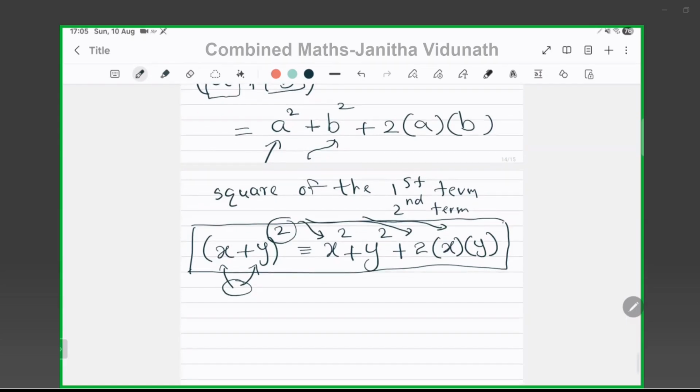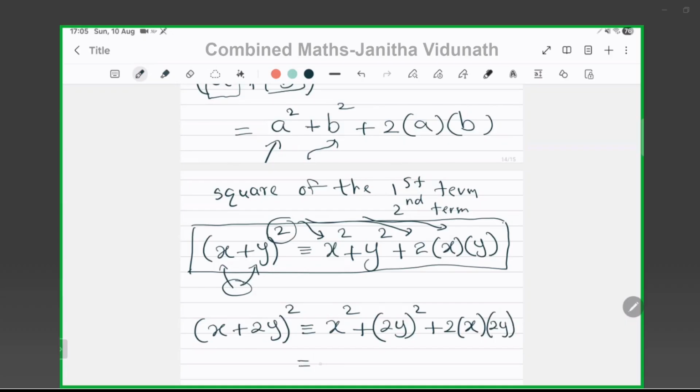Likewise, if we have (x + 2y) whole square, then we can expand this at once as the square of the first term plus the square of the second term. The second term is (2y) whole square, plus 2 times the first term and the second term.